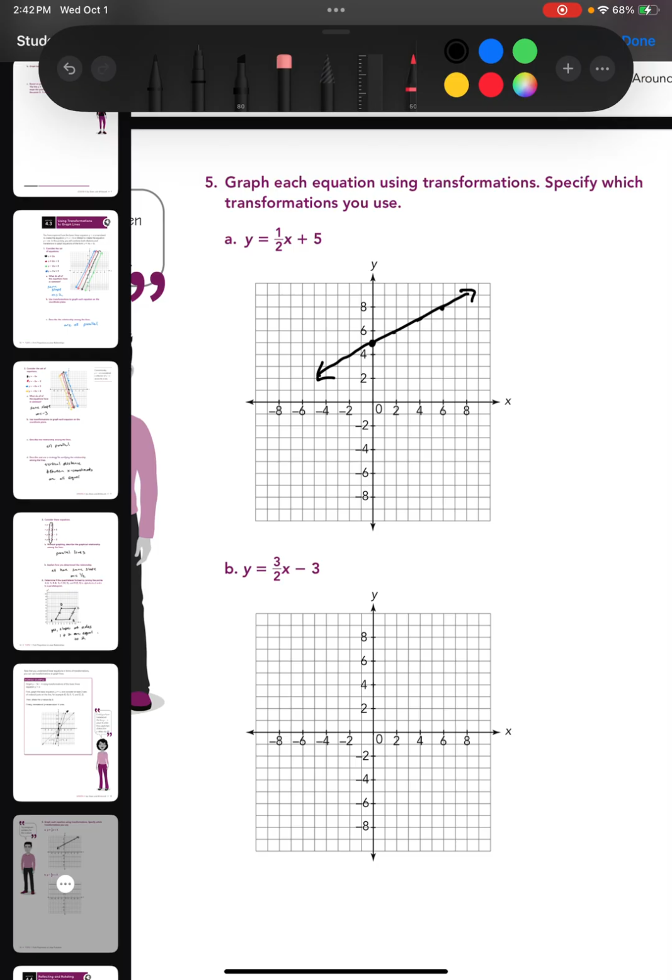For B, we have a shift down to negative 3 and a slope of 3 over 2. So up 1, 2, 3, right 2. And we get this line. So 3 over 2 is bigger than 1, it's 1.5, so we get a line that's a little bit steeper.